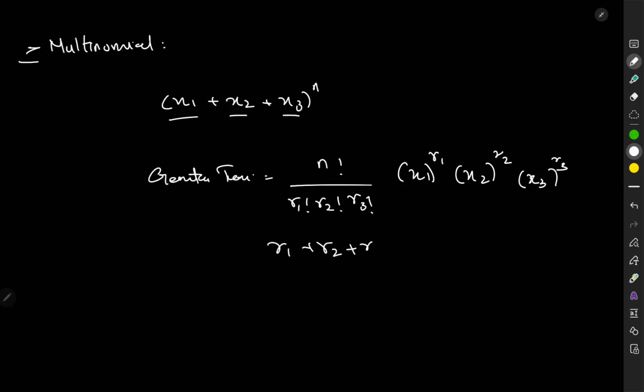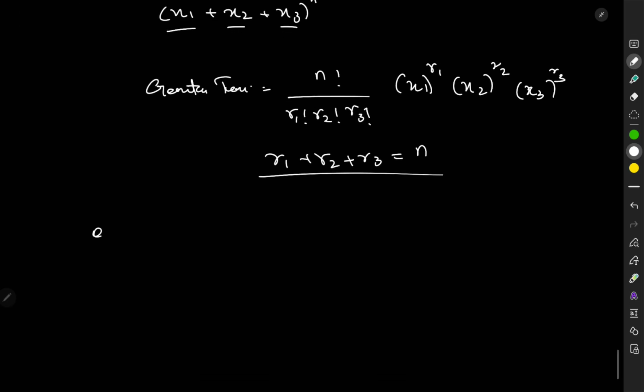For example, if (3x square minus 1 by x plus 7) to the power 20 is there, what will be its general term?